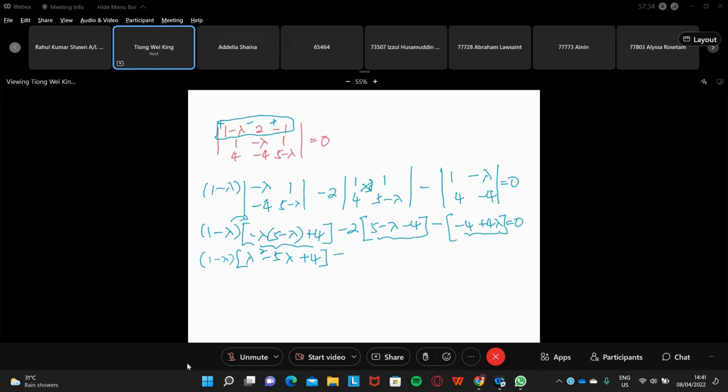Then minus 2 times, 5 minus 4 is 1, so minus lambda plus 1. Then plus, factorize 4 from here; because there is a minus here, you factorize minus 4, so you have 1 minus lambda here.